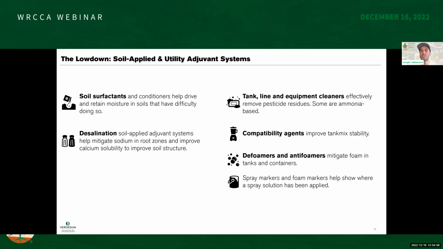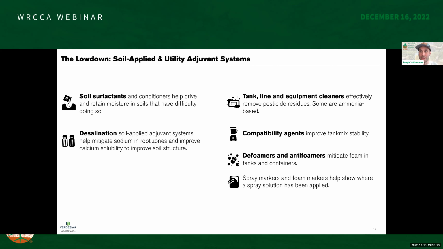Soil surfactants can help that material, and instead of affecting the crop input that you're putting in, it's going to have an active response and attach itself to those soil particles, which will allow for a better movement or retention within a soil profile.